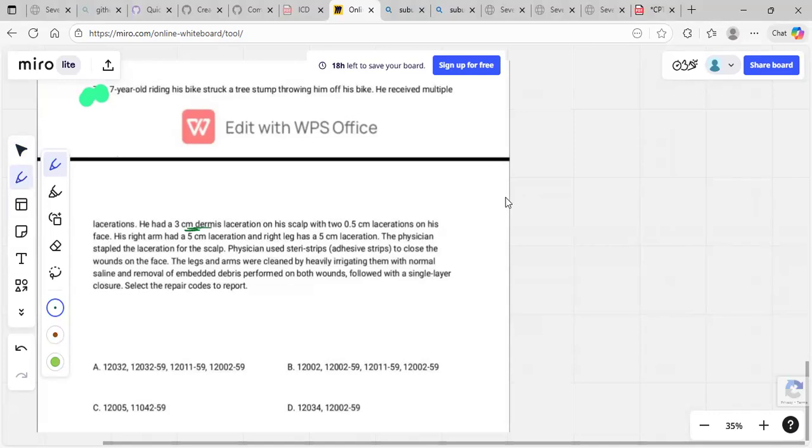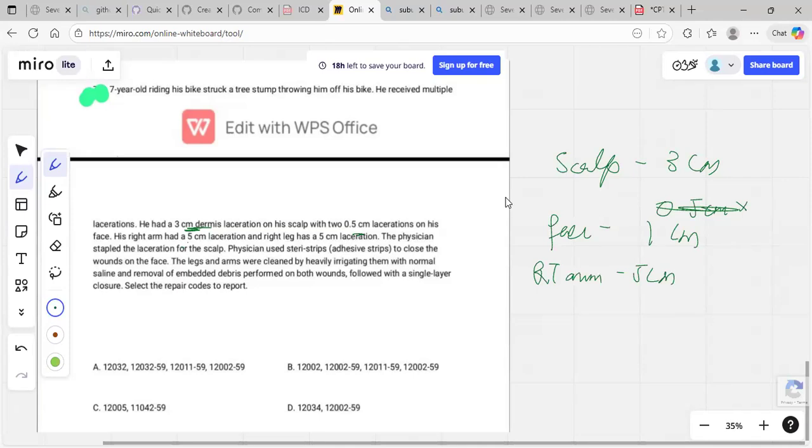Let me mention it here: scalp, 3 centimeters; face, 0.5 plus 2.5, so it will be a total of 3 centimeters on the face. And 5 centimeters on the right arm and 5 centimeters on the right leg.